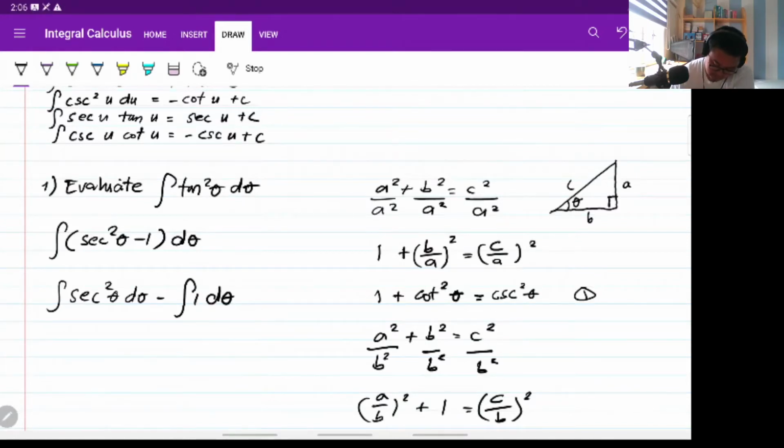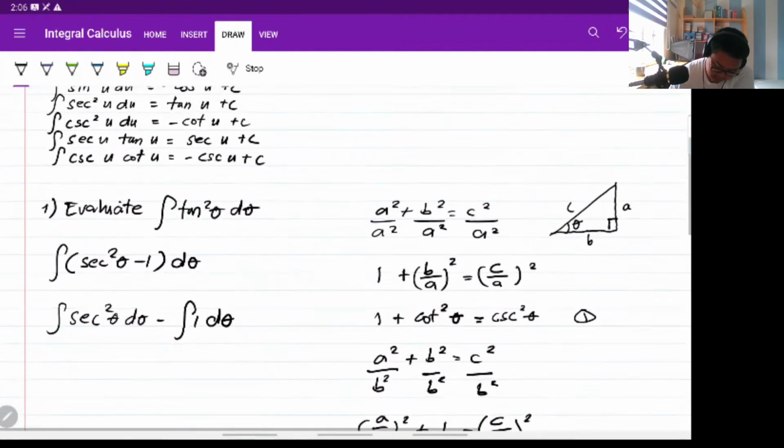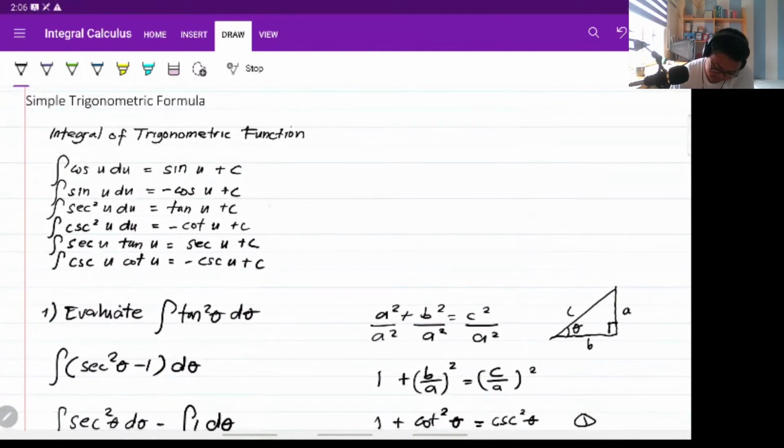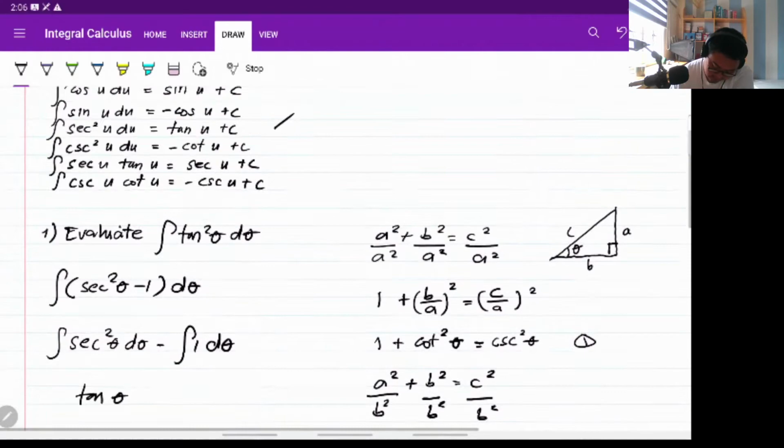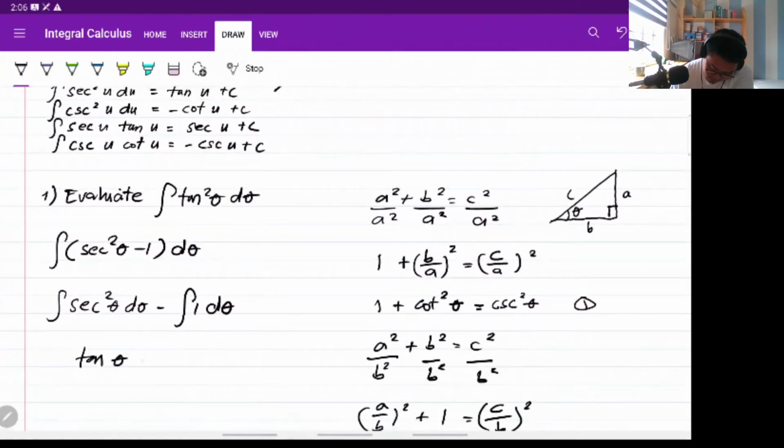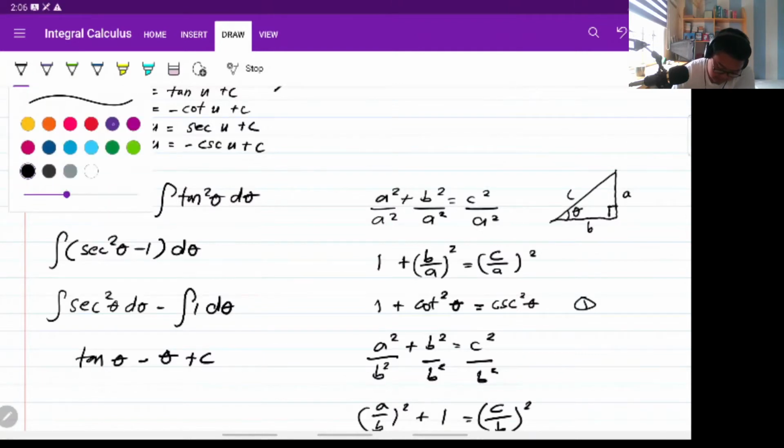Okay? So the integral of secant squared theta becomes tangent theta, correct? Minus the integral of 1 d theta, which is just theta. So plus c. Okay, this is now the final answer.